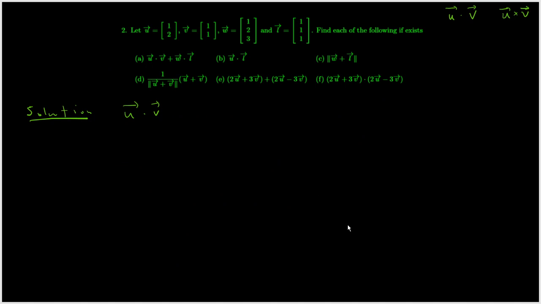Okay. Now, for instance, in this particular case, to compute u dot v, you look at u, you look at v. Okay. u has the first component of 1, v has the first component of 1. So you multiply the corresponding first components. So you have 1 times 1.